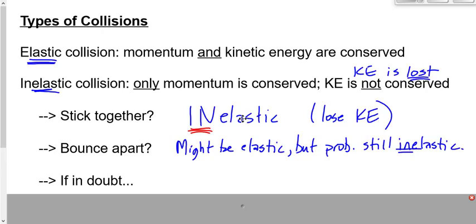Here's what I want you to remember. If in doubt, you're not sure, you can't remember how to calculate the kinetic energy to determine whether it's inelastic or elastic, or you're just getting inconsistent numbers, trying it a couple of different ways and getting numbers that don't agree with each other, if in doubt, go inelastic.